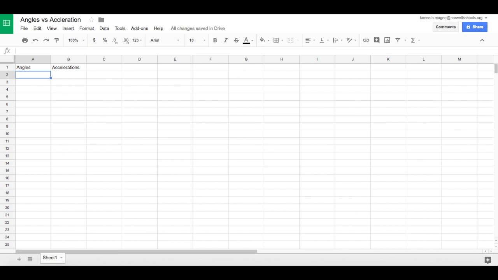So let's say that we measured them and we found out that the angles were close to 5, 10, 15, just kind of going up in degrees. And we do that click and drag to about 25.